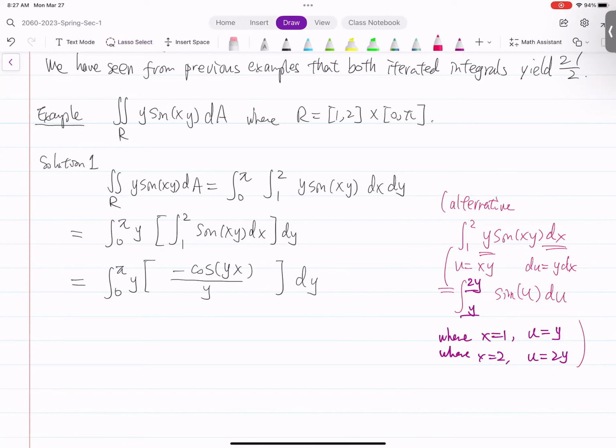You need to also evaluate. And here, x is 1, 2.